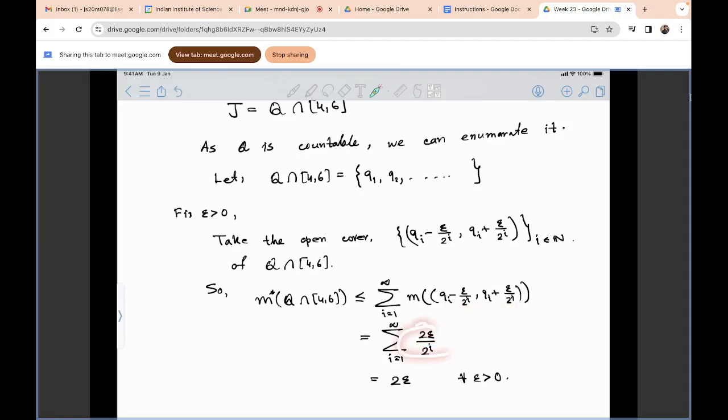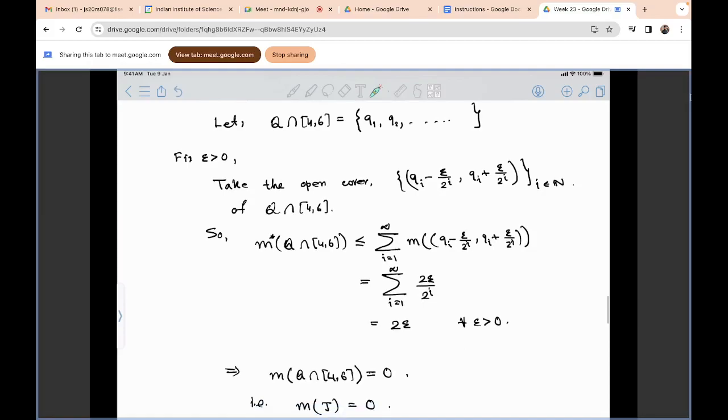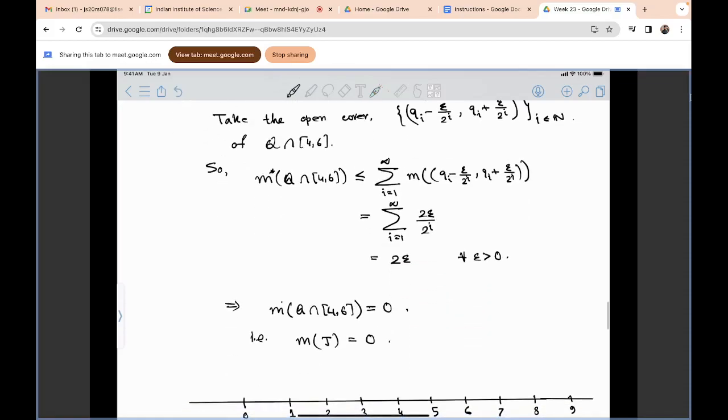And this series is summable. If you calculate the sum, you will get 2 epsilon. This is true for every positive epsilon, and because epsilon is arbitrary, we can take epsilon tending to 0. So the outer measure of Q intersection (4, 6) is 0.